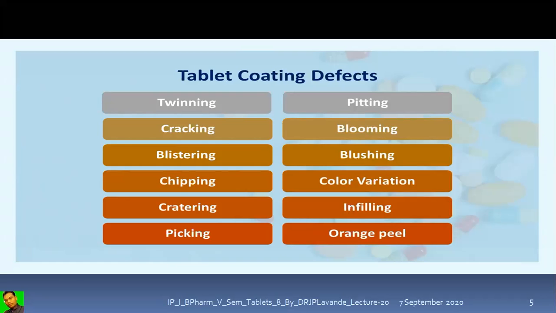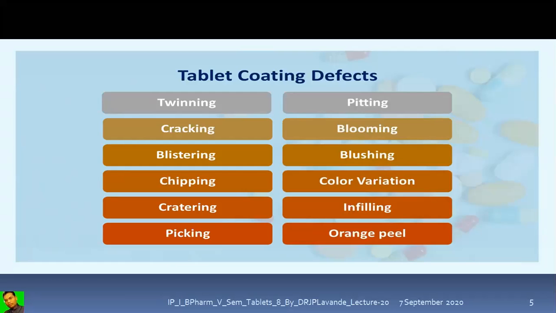We saw the defects that occur in the case of tablets. Further, we went through the different processes of tablet coating, in which we saw there is film coating, sugar coating, and compression coating.